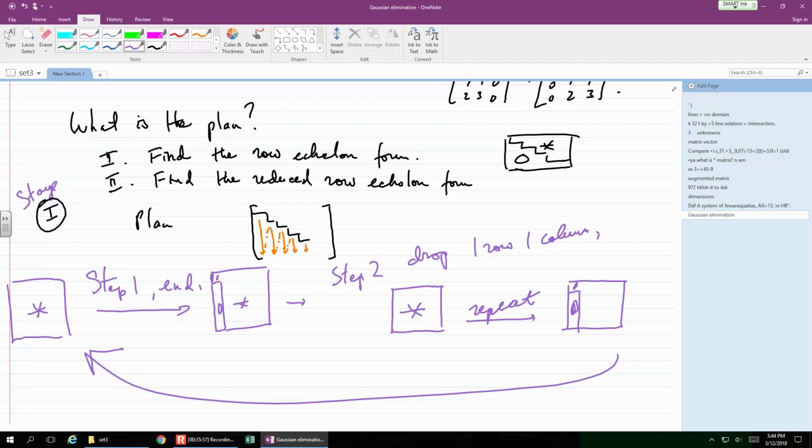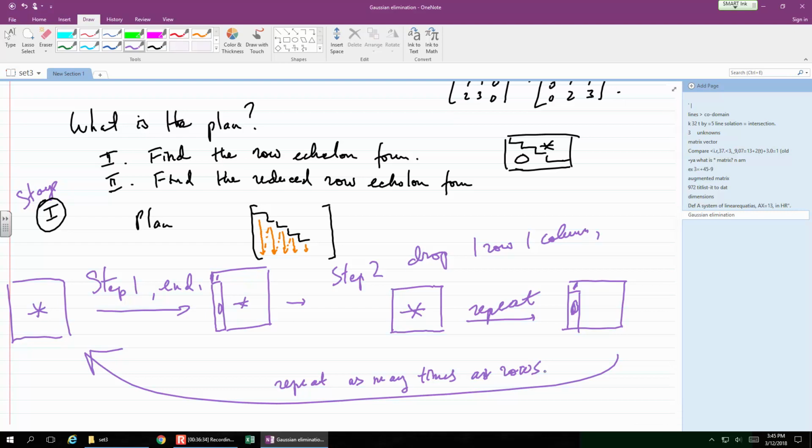It is a module of stage 1, and it is a cycle made of 2 steps, and then you repeat as many times as there are rows, until you run out of rows. So go and cycle.